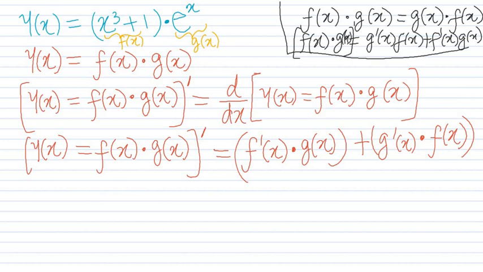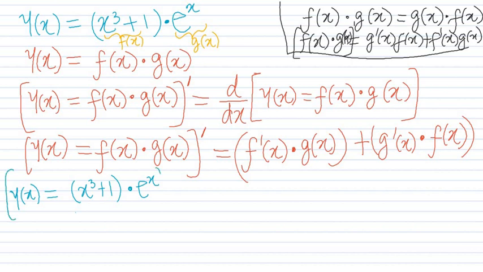So I'm going to change the color to blue now. So now we have y of x equals x cubed plus 1, that's f of x, multiplied by e to the x. So all of this, sorry, apologize, the bracket is supposed to enclose the y of x.